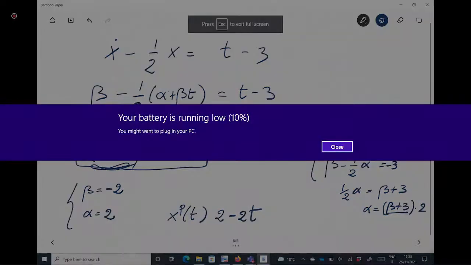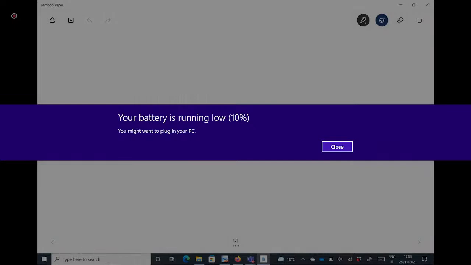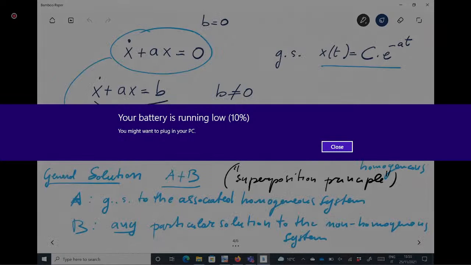Okay? This is only one particular solution among the infinitely many, but now I have my powerful step 3 of the superposition principle that says, okay, A plus B: the general solution to the homogeneous system plus your particular solution that you found with any heuristic method, okay?